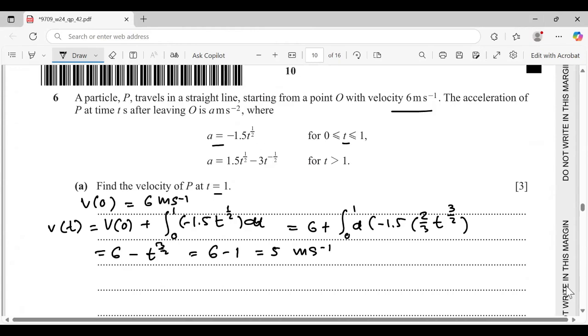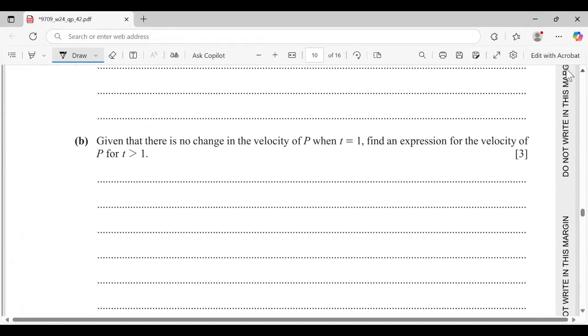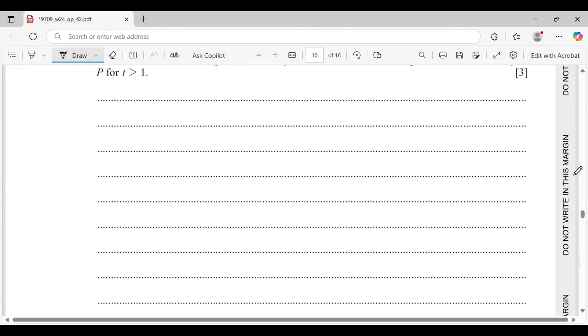Next, question B. Given that there is no change in velocity of P when t equals 1, find an expression for the velocity of P for t greater than 1. For t greater than 1, according to this information, we are going to use this acceleration. So to find the velocity, we are going to integrate the acceleration.